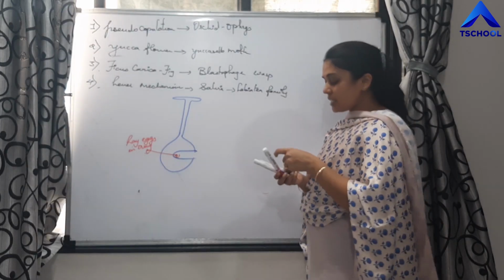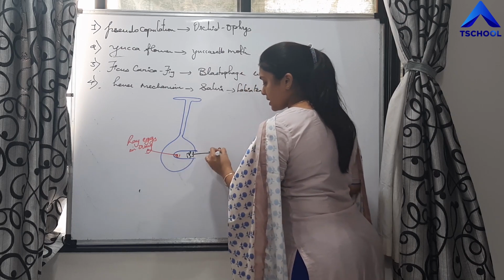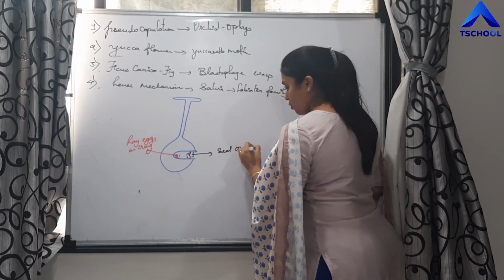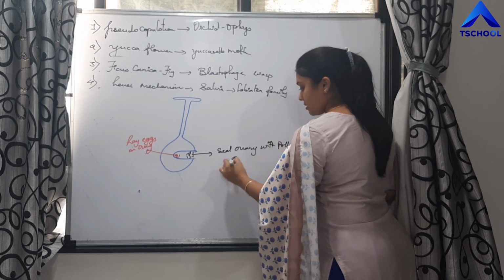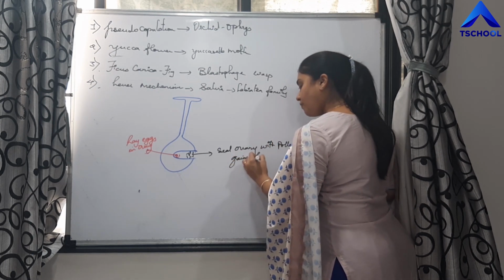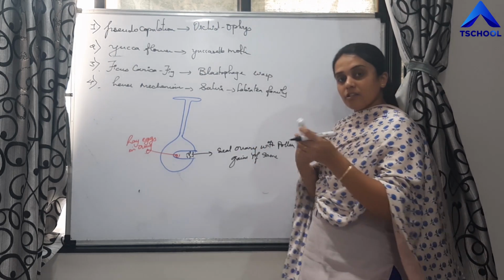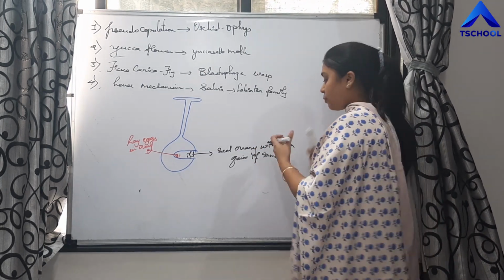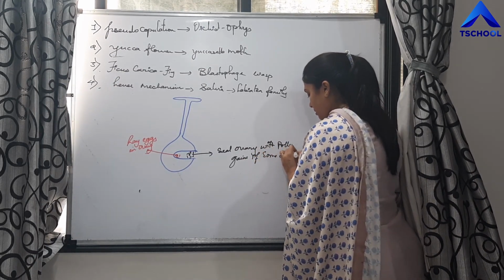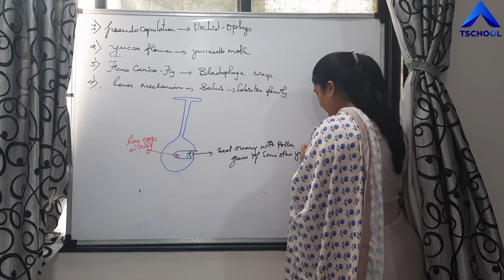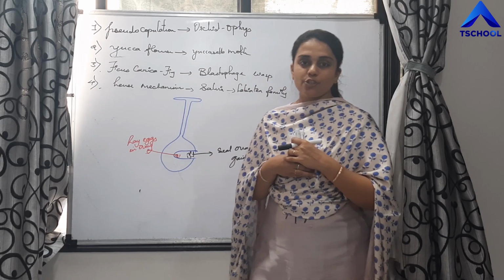And it is going to seal the ovary with the pollen grains of some other yucca flower. So both are having a mutual relationship.